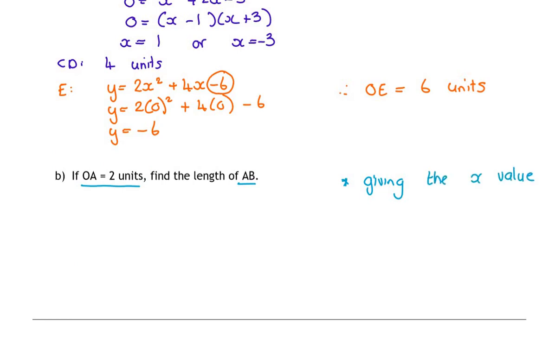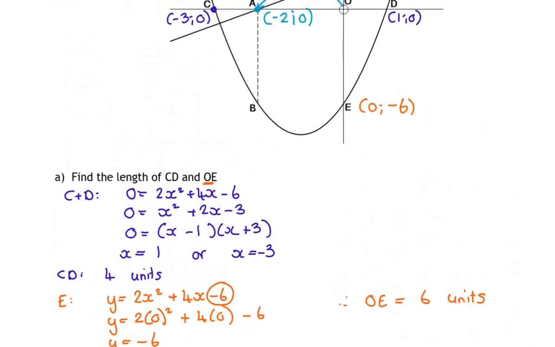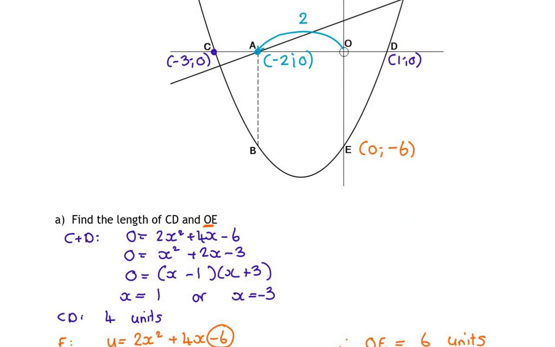Now before we start looking at this one, the most important thing that you remember in all vertical distance questions is that any vertical distance is the top y value minus the bottom y value. So if I scroll up here for a second, which coordinate is on top?